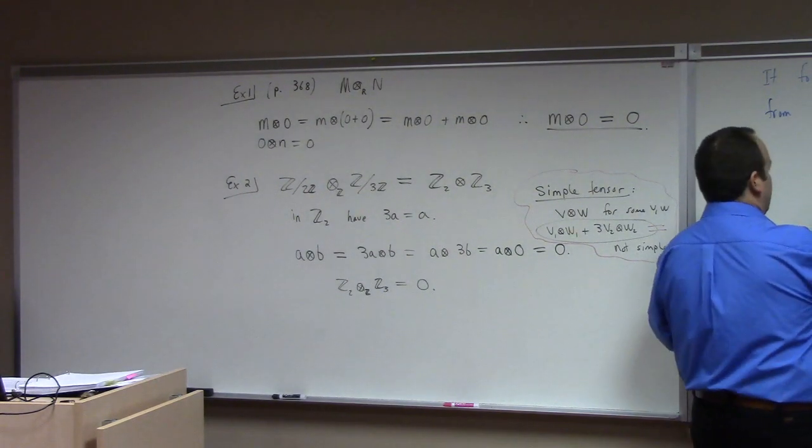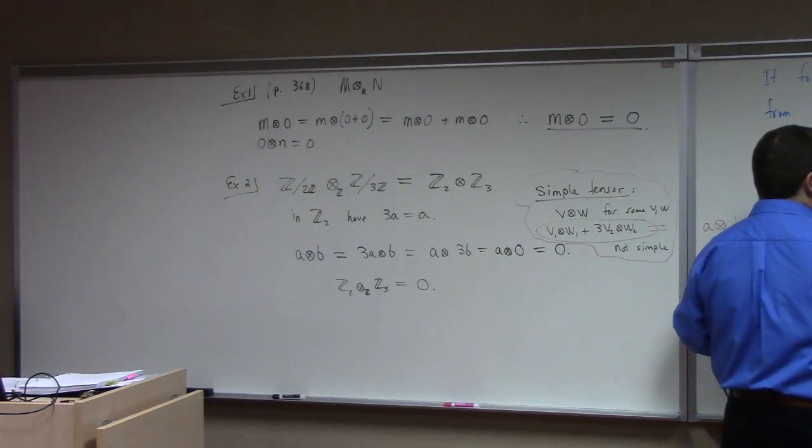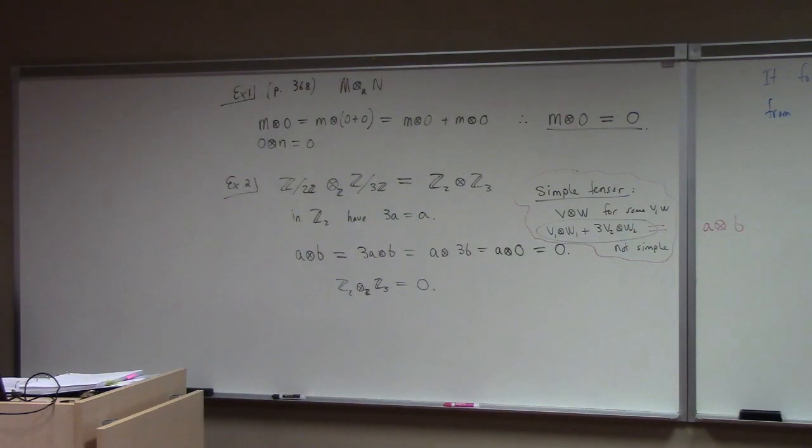So it would be something like M1 cross M2 cross ... cross MK to L versus the phi over here would be from, say, M1 tensor M2 tensor ... tensor MK into L.